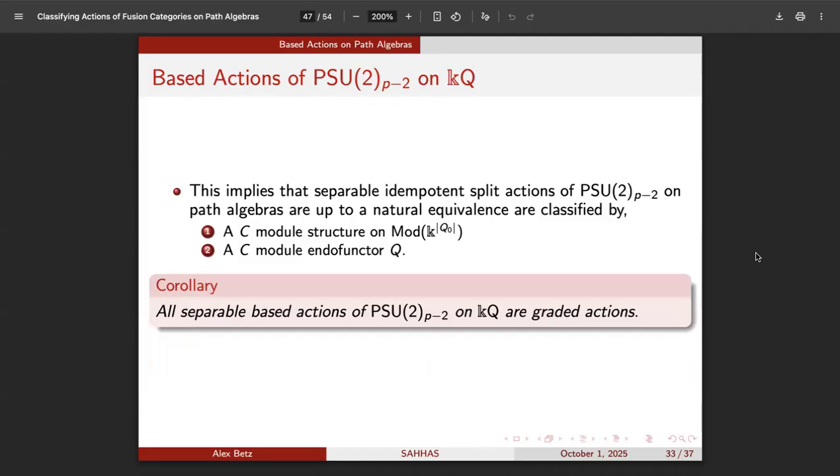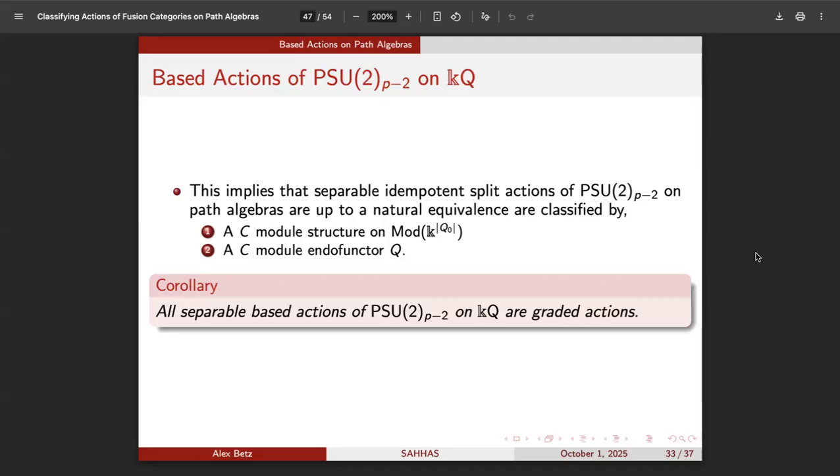This gives you the algebra K to the number of vertices, and when it's that space exactly, you can classify the actions of PSU2 on path algebras exactly by a C module category structure on the vertices, and a C module endofunctor representing the graph. And the corollary is that all separable actions of PSU2 on KQ are in fact going to be graded.